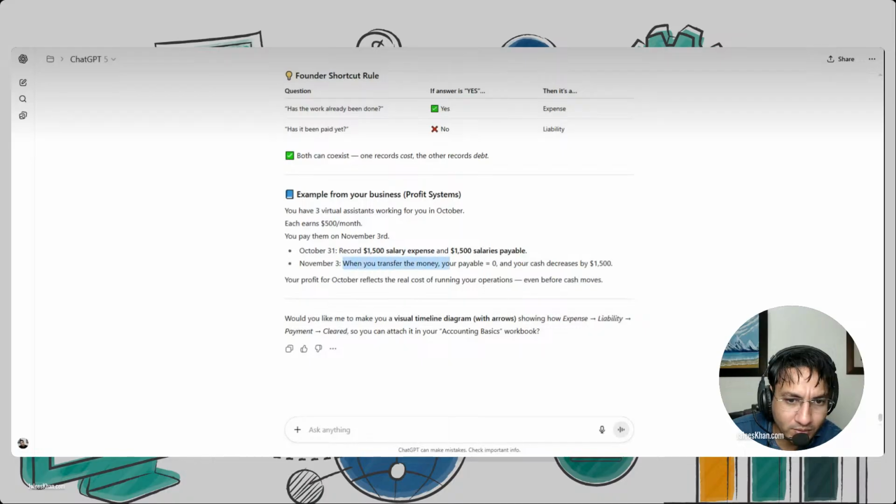When you transfer the money, your payable becomes zero and your cash decreases by this amount. Your profit for October reflects the real cost of running your operations even before cash moves.